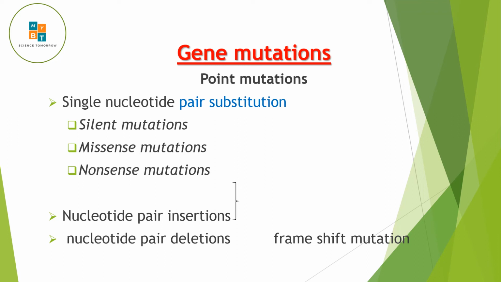And nonsense mutation. In nonsense mutation, a stop codon will result from the mutation. Because of that, a premature protein will be produced.